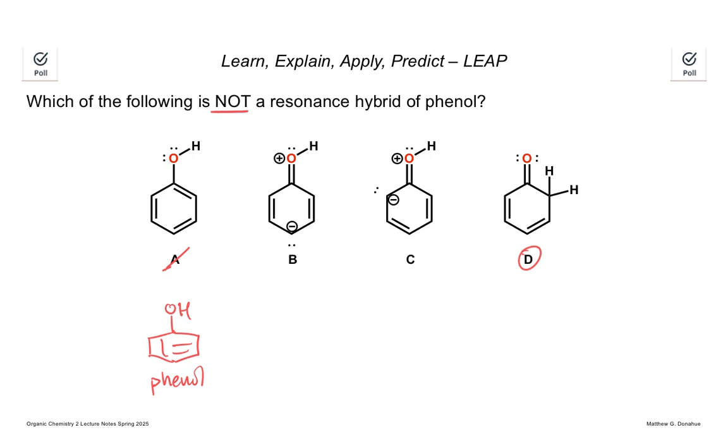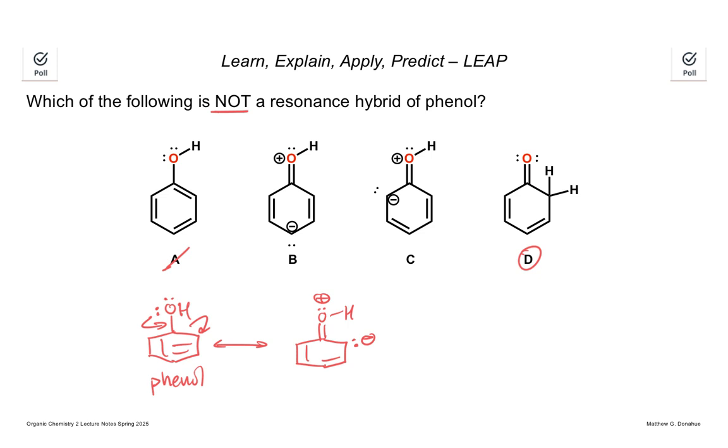But as we'll see, resonance can guide us. We know that this oxygen has 2 lone pairs, and so we can drop that lone pair into the ring. That's what we mean by an electron donating group.